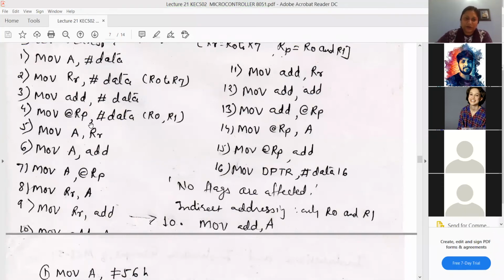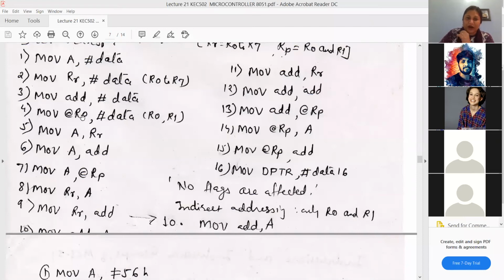Is the meaning of this at sign clear? At means indirectly pointed memory. Which memory is it indirectly pointing to? It is pointing to the memory location specified by the register contents. Now Rp can be only R0 and R1. Suppose R1 is containing 50 hex, then this immediate data will go into the 50 hex memory location.